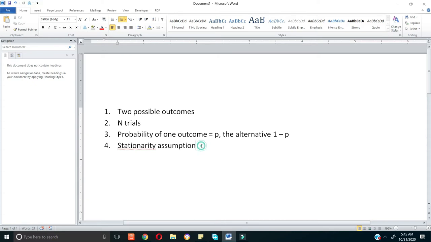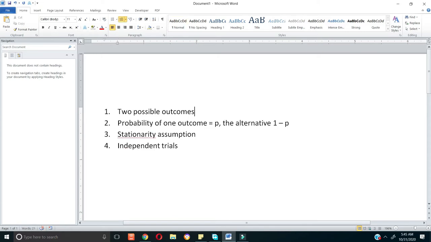So you have these 4 conditions in a binomial distribution. We basically assume that the trials are independent, and you have a stationarity assumption.